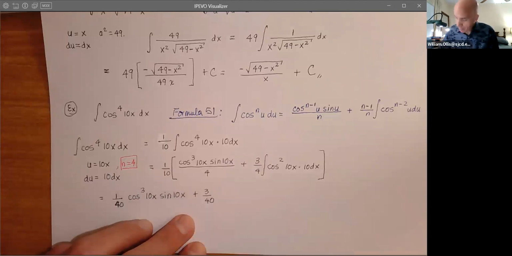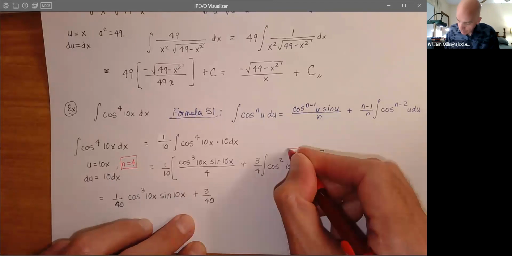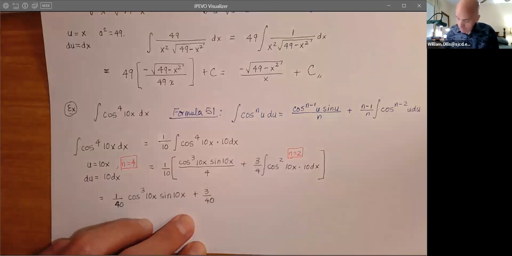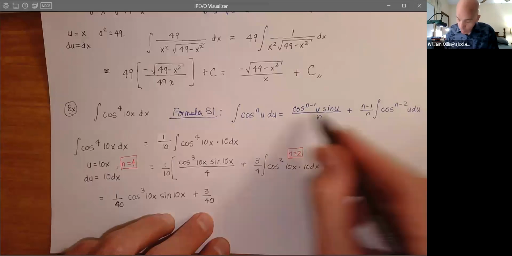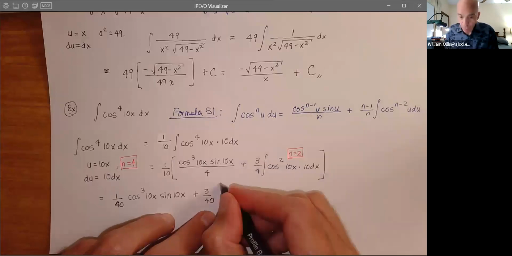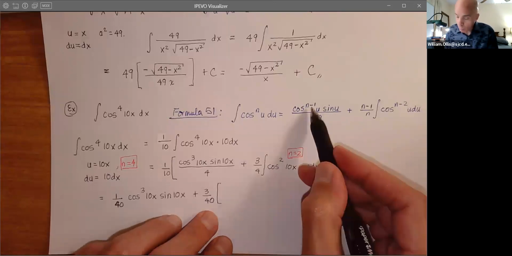And now we're set up again. We have now n equals 2. So we can apply the integral formula again, just use another bracket if you like. And so now we've got n minus 1, which is 1.